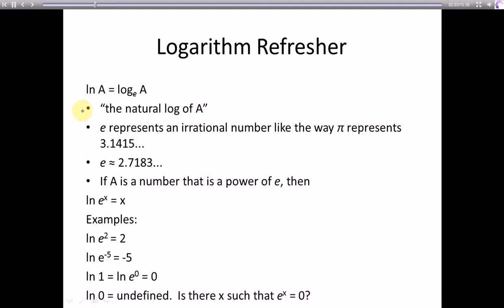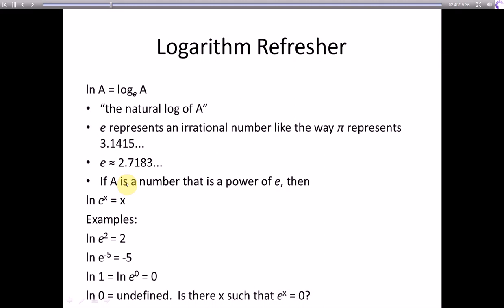Here is an example of the natural logarithm. The natural logarithm is the log of some argument a, base e, right there. And the ln represents log base e. It's called the natural log of a. For some of you, you may have forgotten exactly what e is. e is very much like pi in that it represents an irrational number. e is approximately equal to 2.718.